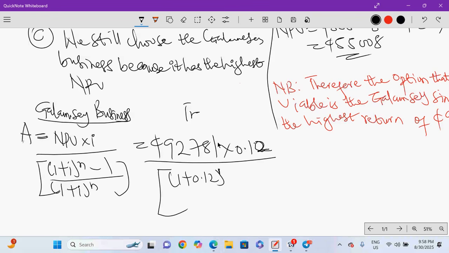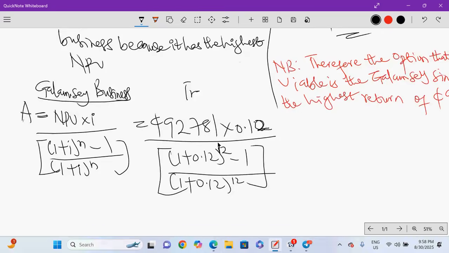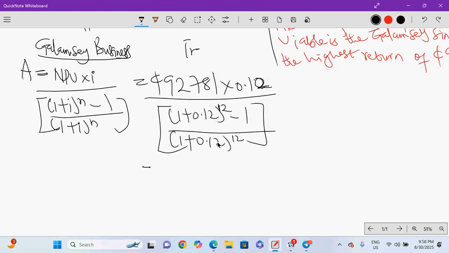For the whole 12 years, the lease period. So what will be our annual rate for Galamsey?